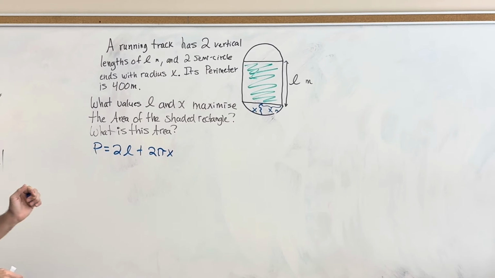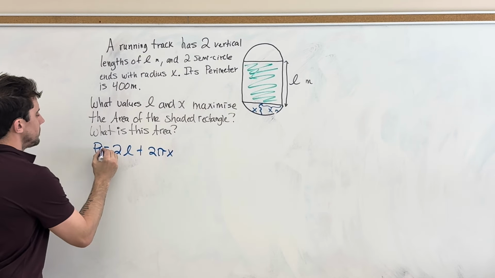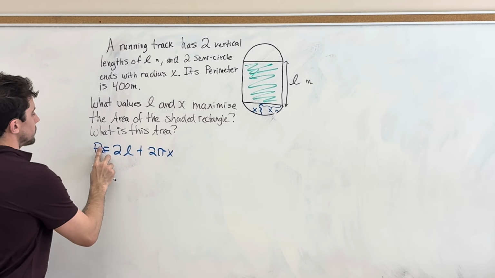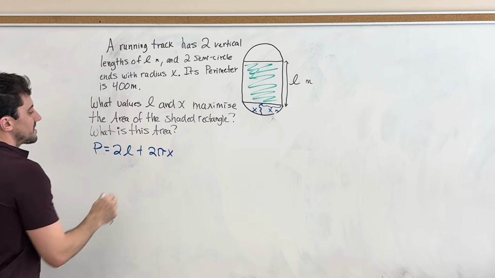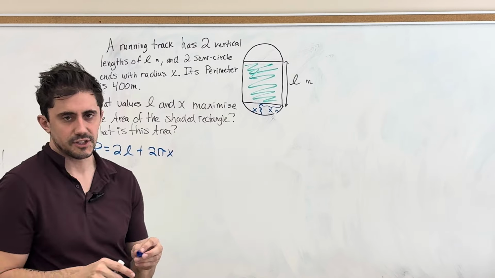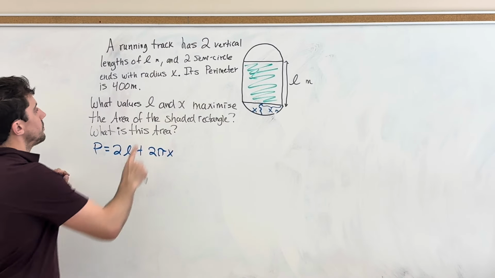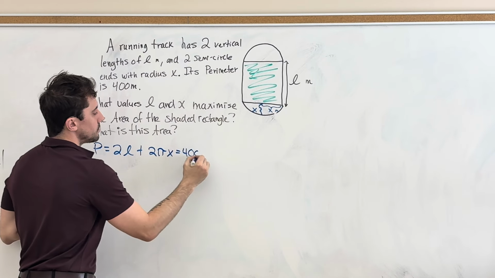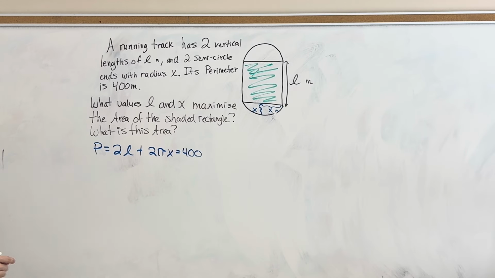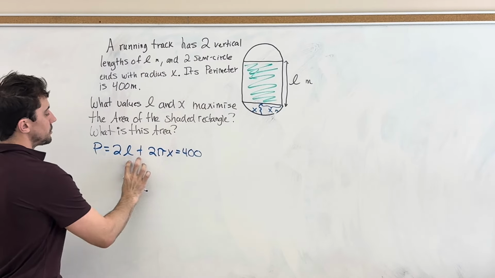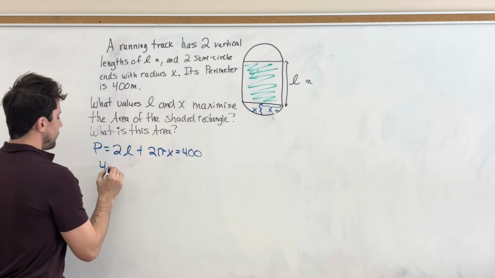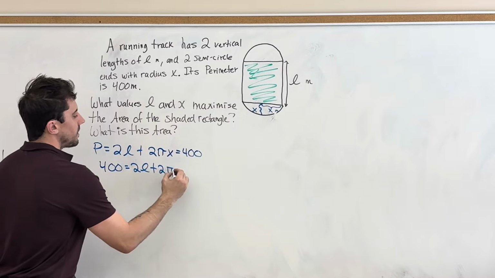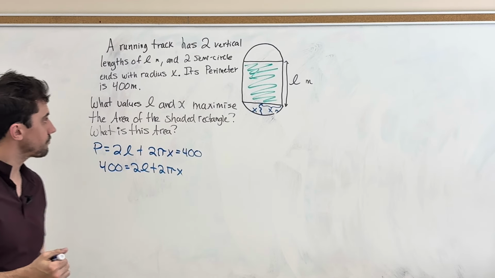I'm just going to call it the perimeter because we have both x and L, but we know its exact value: it's always going to be equal to 400. And so now we have a relationship between L and X: 400 is equal to 2L plus 2 pi x.